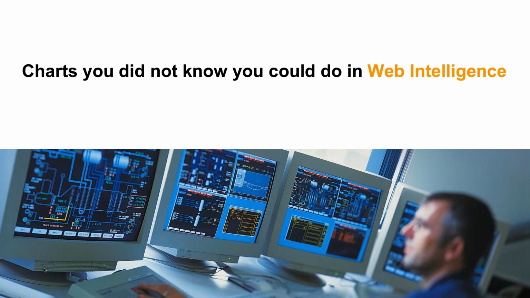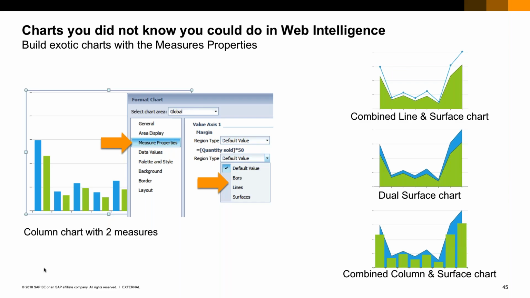Okay, so I'm going to be a bit technical in the next slide. Some of these charts are easy to build and understand. Some others are more difficult, but I'll try to explain as best as I can. First of all, one thing you need to understand is that when you insert a chart into a Webi document, you get this insert chart dialog box where you have quite a large number of charts available, but they're not all available in that dialog box, because some of them you can build just using some of the settings.